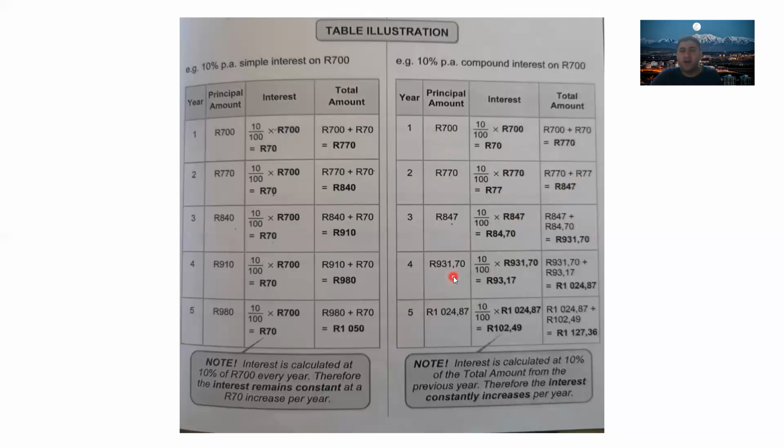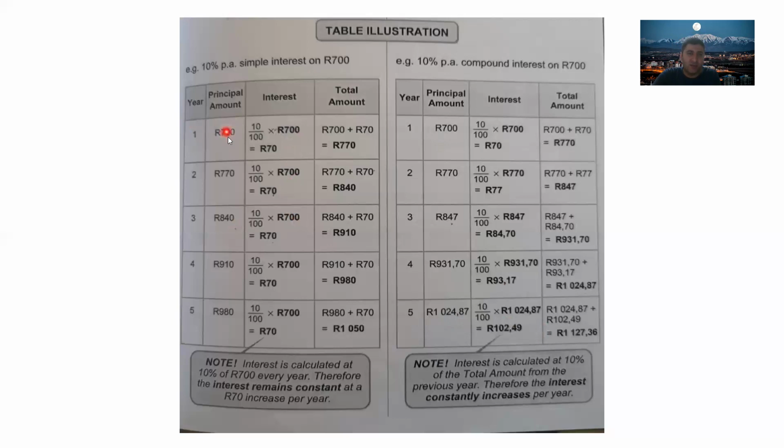How much money do I have in my account? 931 Rand and 70 cents. I take 10% of this. I come to the fifth year. This is the money I have. I take 10% of that. Then it continues like that: every year you take the interest of the accumulated amount, while with simple interest, every year we take the interest of the money that you deposit initially.